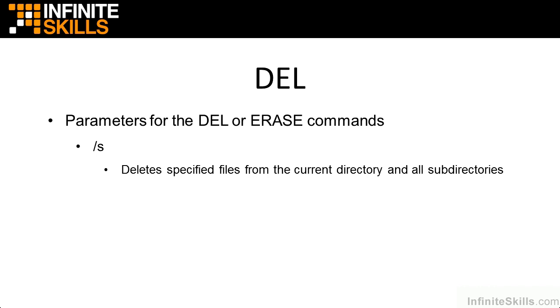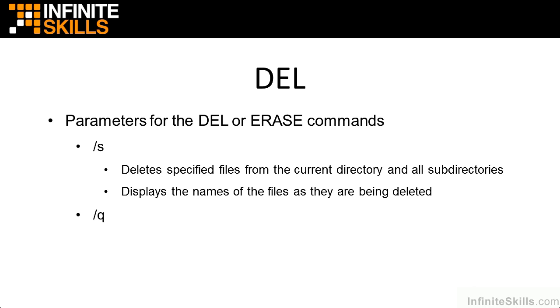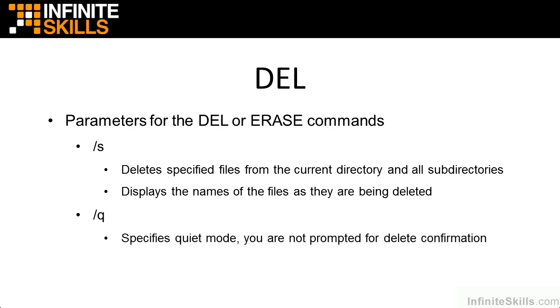So this lets us perform the delete command down through kind of a tree of directories. It also displays the names of the files as they are being deleted. Now, the Q parameter specifies quiet mode, and with this, you're pretty confident that everything that you've typed in is correct, and you are not going to be prompted for any kind of confirmations on the delete. It's just going to happen.